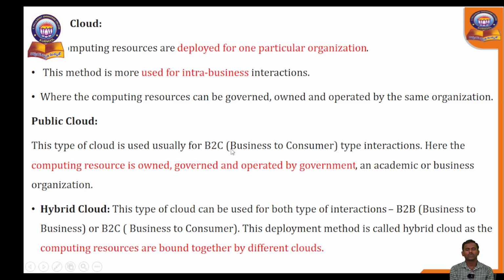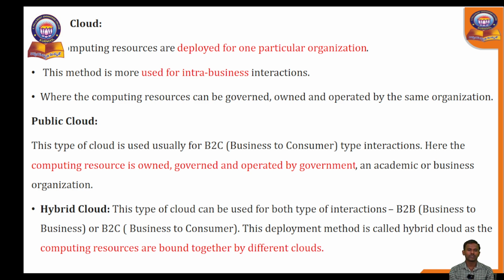Private cloud. Here in a private cloud, computing resources are deployed for a particular organization, a private organization. This method is more used for intra-business interaction, that is, interaction among the users within an organization. In such cases, we use the private cloud. Here the computing resources can be governed, owned, or operated by the people of the same organization only.